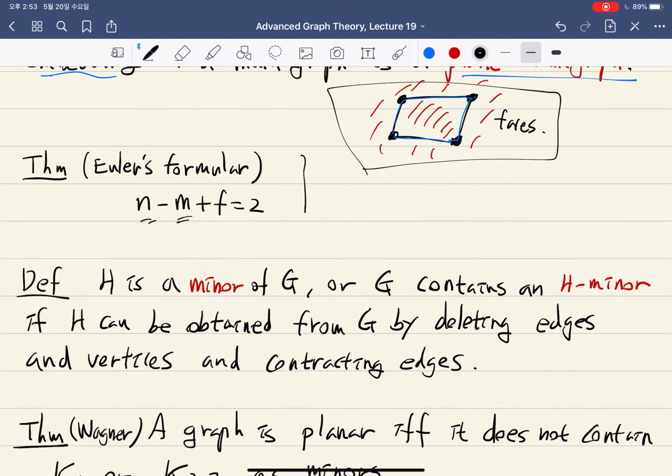Here, what I mean by contracting an edge is that when we have this graph with this edge e, we take the end vertices of this edge and slowly merge them together while making this edge short. So you get this.